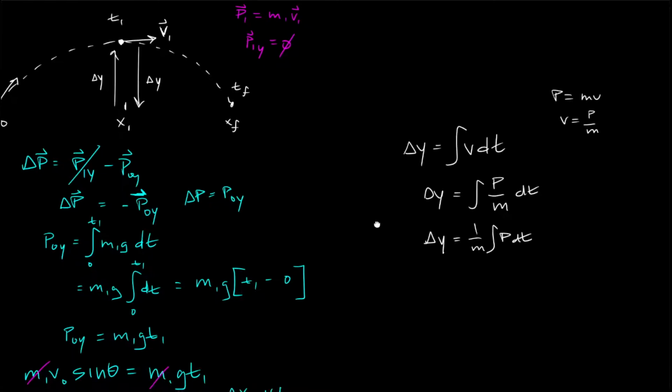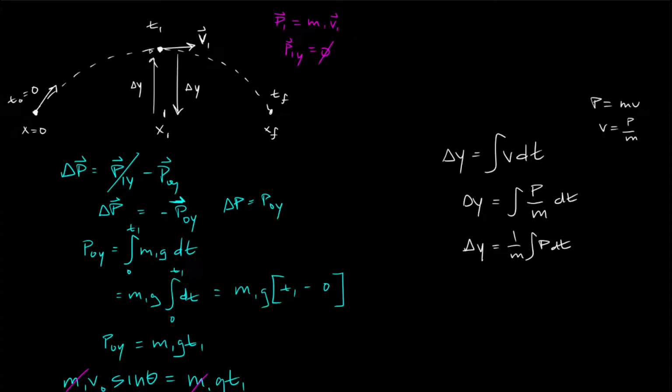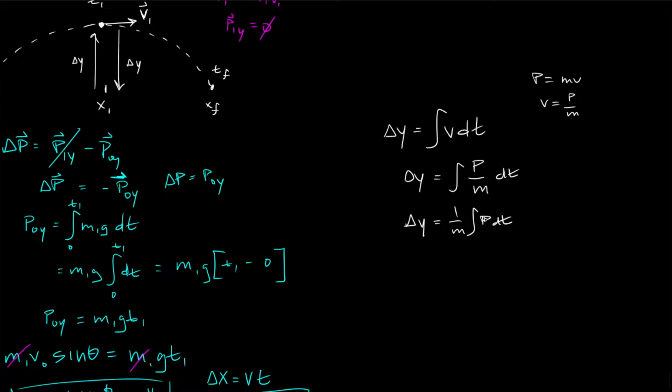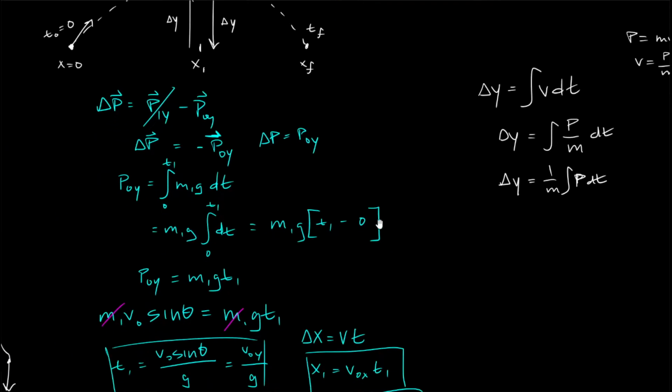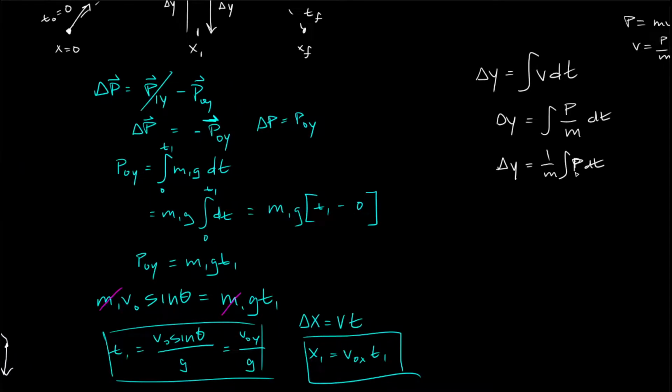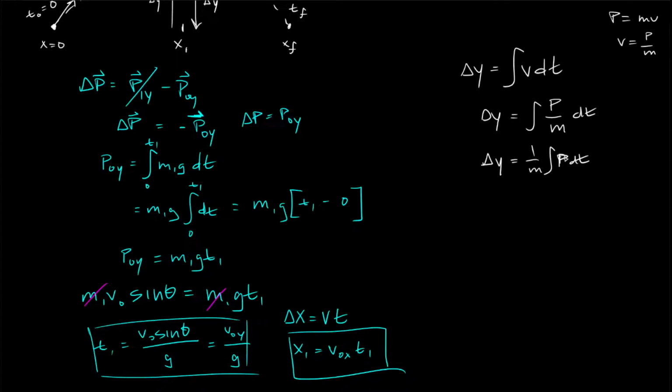So delta y is the same for both of these intervals. Mass is the same for both of these intervals. And then p here is a function of time based off of this relationship. So we could sub in this equation to p here, and then we would get p as a function of time.